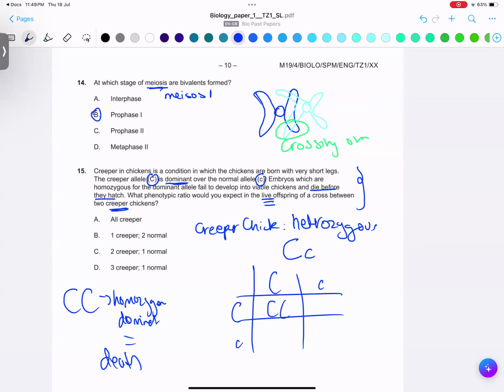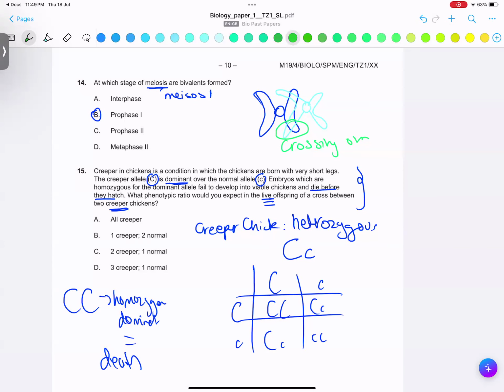What phenotypic ratio would you expect in the live offspring of a cross between two creeper chickens? So here we cannot talk about this one.